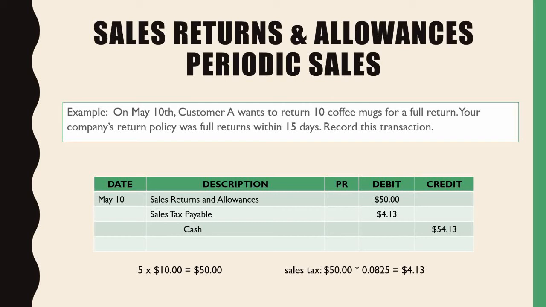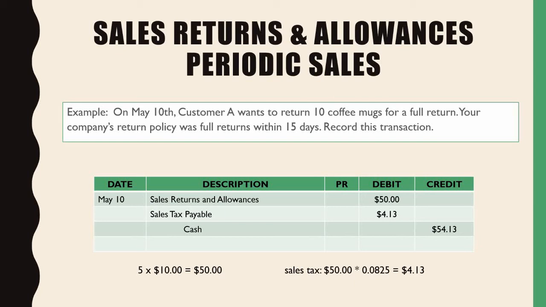Okay, I have a question. Yes. I keep coming up with one cent off. I came up with $4.12. Am I calculating it wrong? Because I'm not putting in the 0.0825, I just put in the 8.25%. Okay, I don't know because that's a calculator issue, but you may need to format your calculator to show at least four decimal places. It could be because of how you're entering it, but I don't know why your calculator doesn't round off automatically.